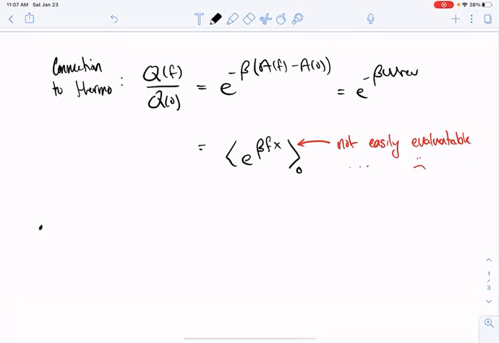So specifically, we've already observed that the log of Q of F is a cumulant generating function.